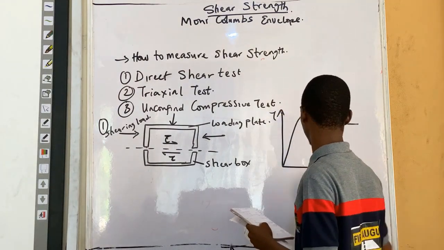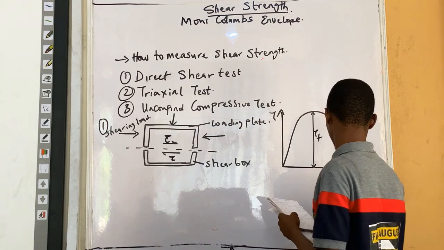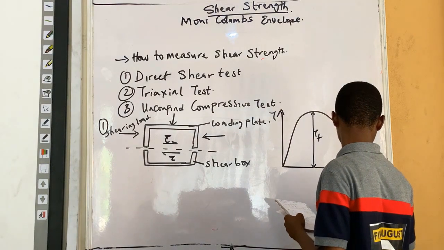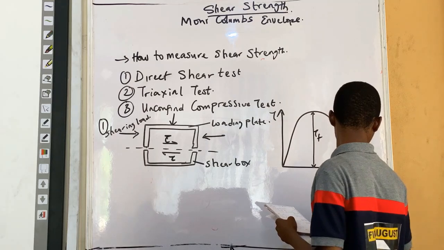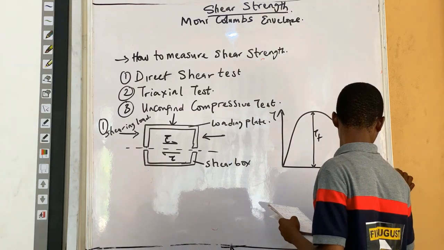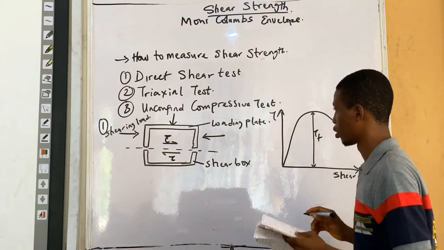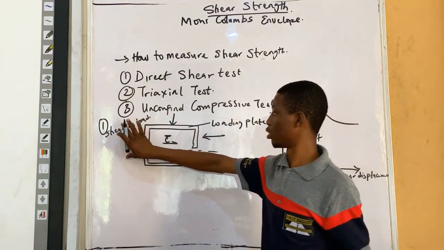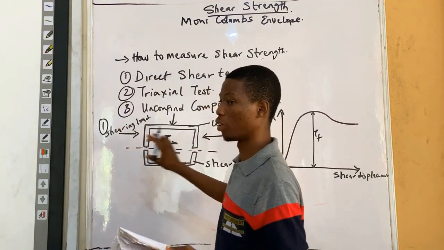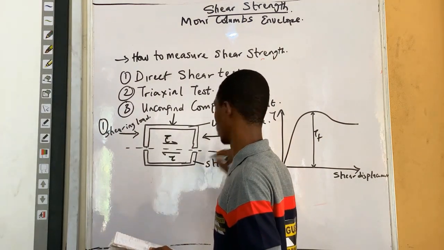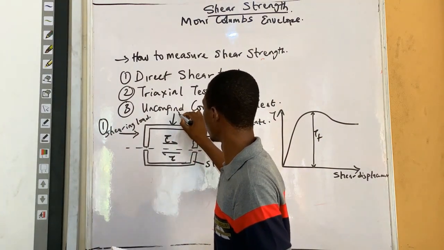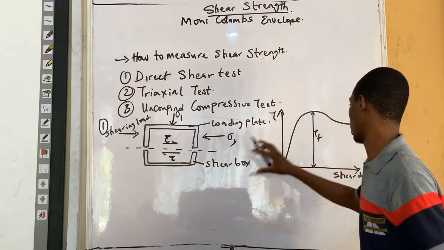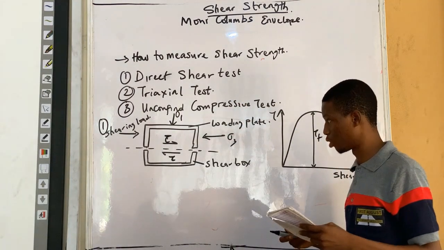This is top. This is shear. Load is being applied directly, to simulate the environment, that's sigma 3. And this one is the normal one, sigma 1. So you can get the details.